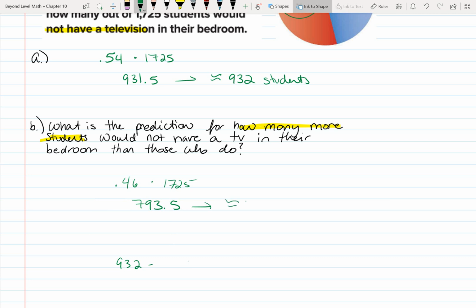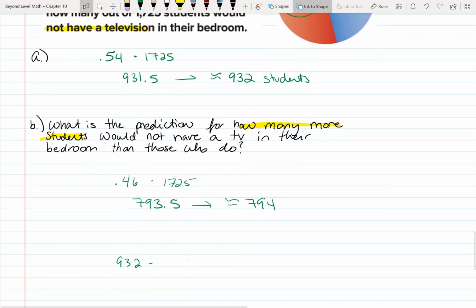So that's about 794. So that's how many do have TVs. So we need to subtract those who do from those who don't: 932 minus 794, and we get 138. So the prediction is 138 students. There are more, right? 138 more.